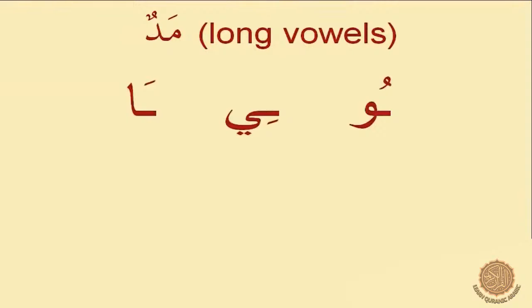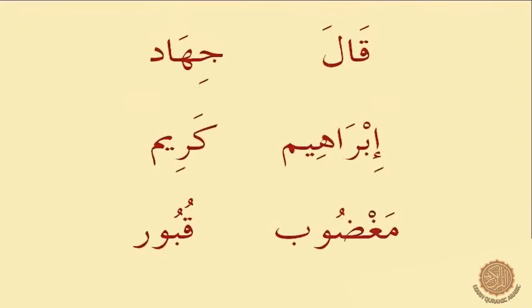Inshallah, we'll go through some words to see how the long vowels are pronounced. Here are some words. First one here is qala. Notice the elongation of the A sound. Qaala, not qala. We have the fatha on the qaf, followed by the alif. Next word is jihad. Here is the first syllable ji, and then haad, jihad.